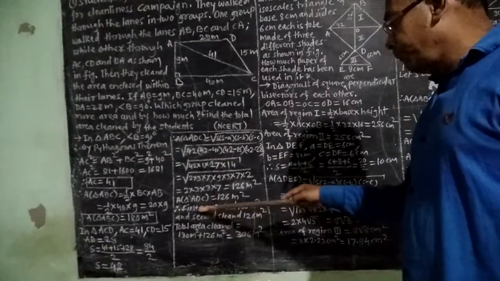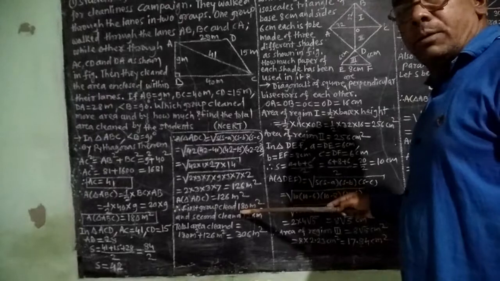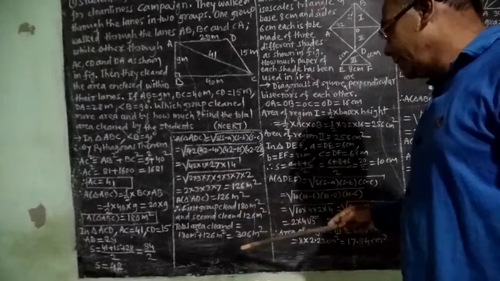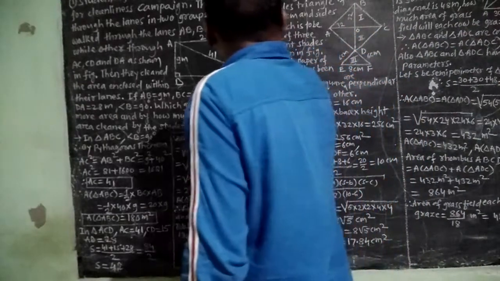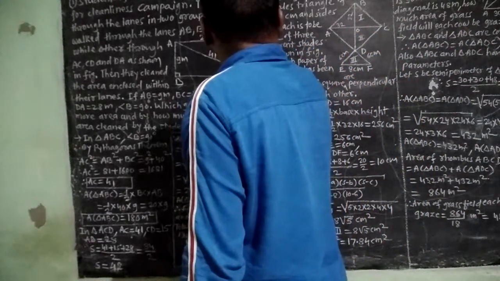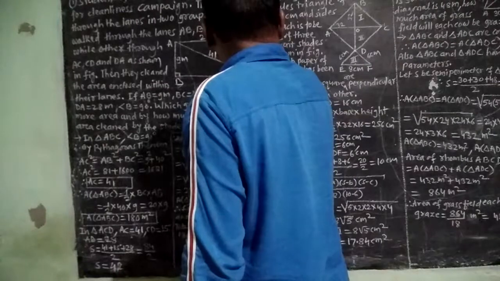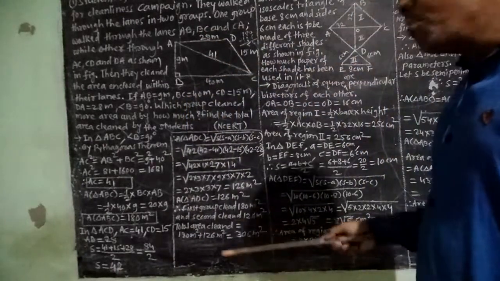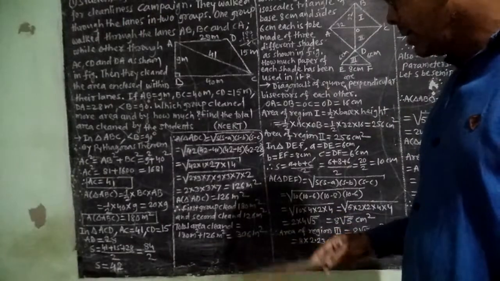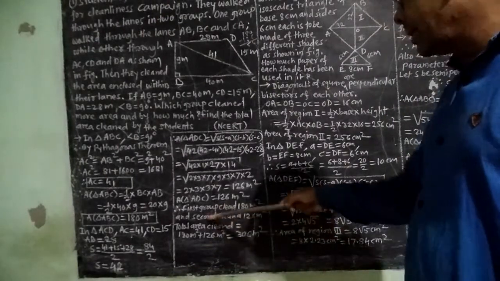So the first group cleaned more area, that is 180 minus 126, it will be 54 meter square more area cleaned by the first group than the second group.